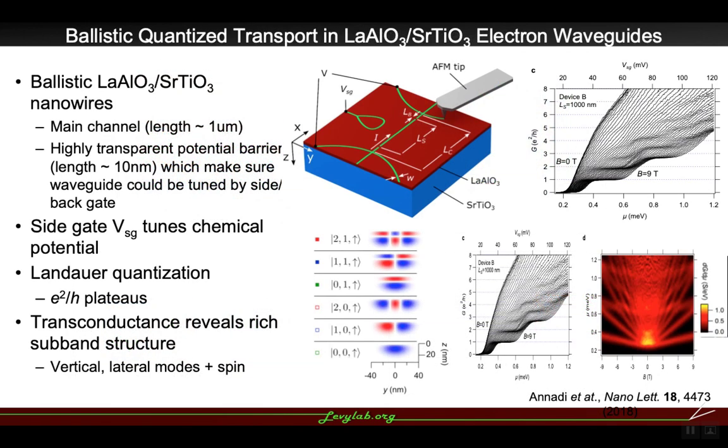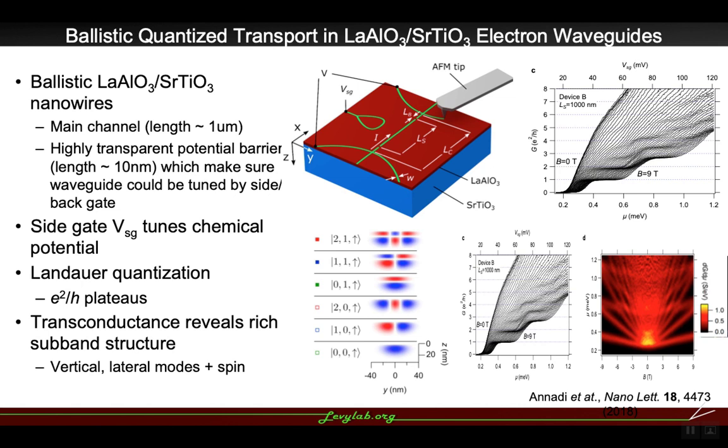So for this ballistic quantized transport at this interface, we will write a main channel with a length around 1 micrometer and use two transparent potential barriers to cut it. The length is around 10 nanometers.